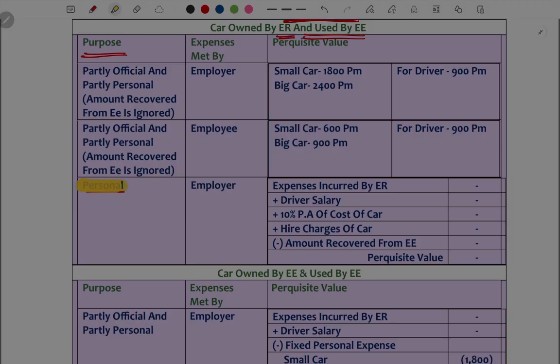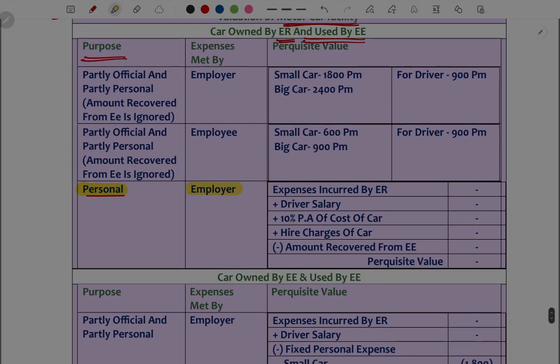If your employer is giving you motor car facility, and the car is owned by the employer itself and used by the employee only for personal purpose, and expenses are made by the employer, then what would be the perquisite value?